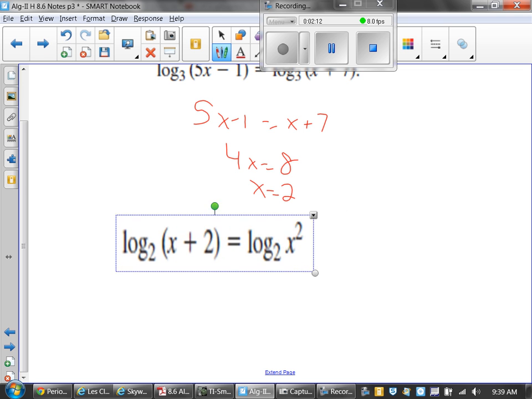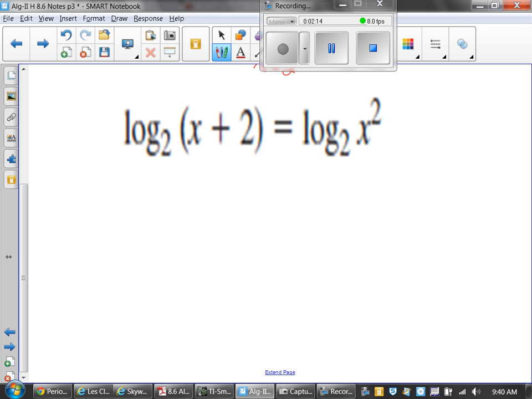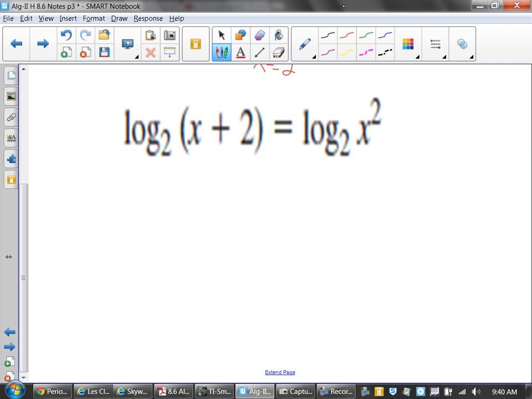All right, do this one. Log base 2 of x plus 2 equals log base 2 of x squared. Are they the same base? Okay.